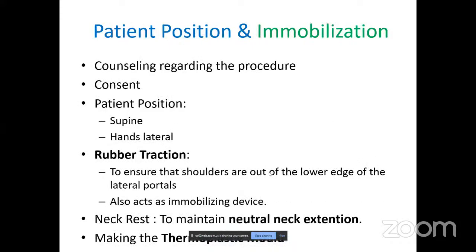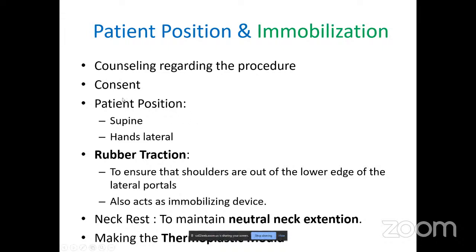Once you decide that the patient will undergo radiotherapy, after counseling and taking proper consent, it is important to do proper patient positioning and immobilization. During positioning, it is always important to counsel your patients again regarding the procedure.